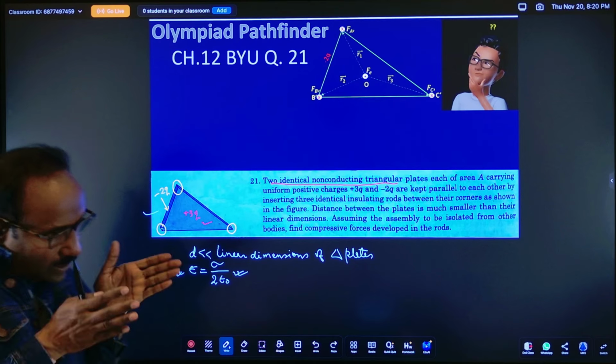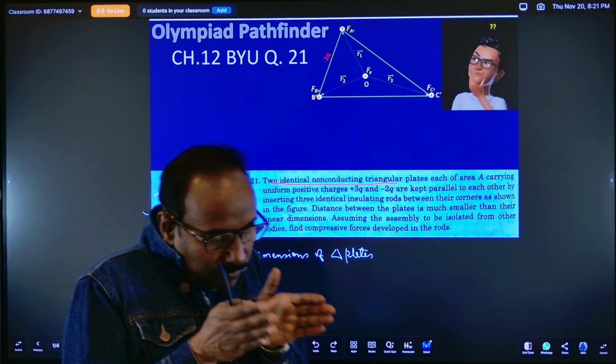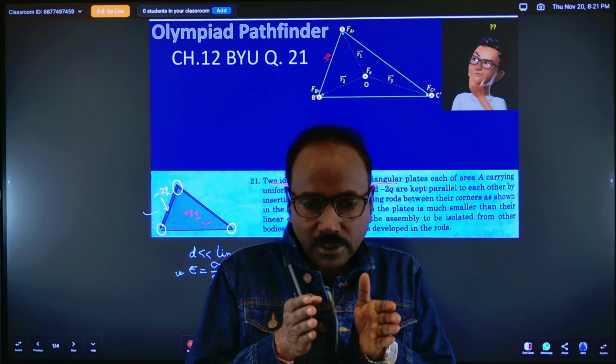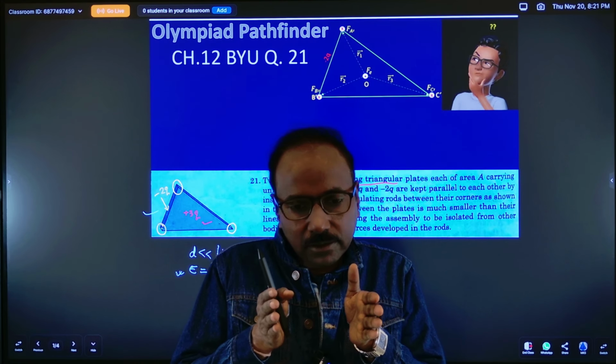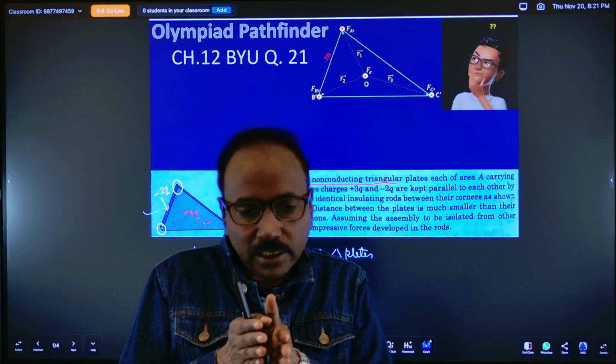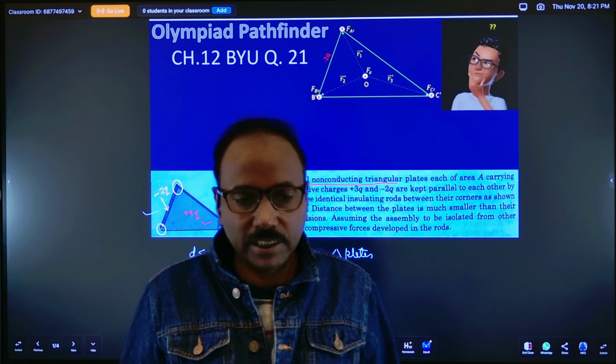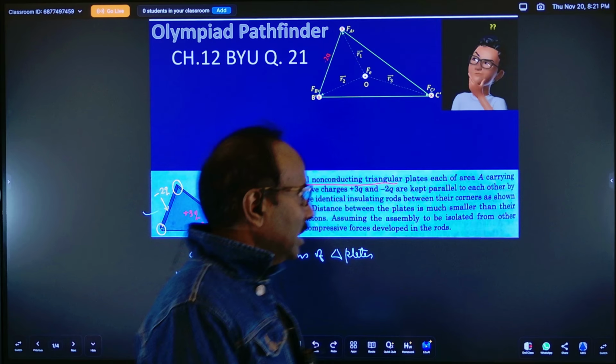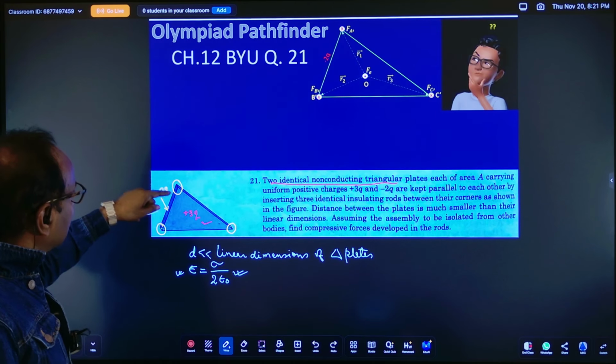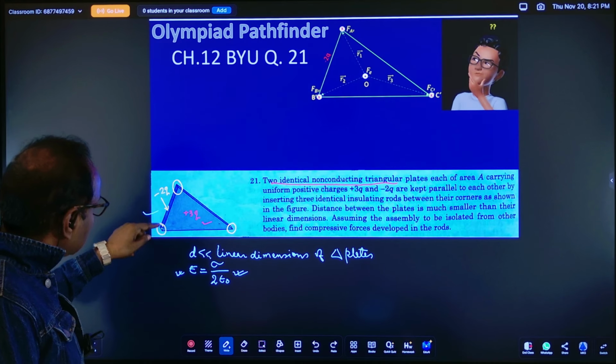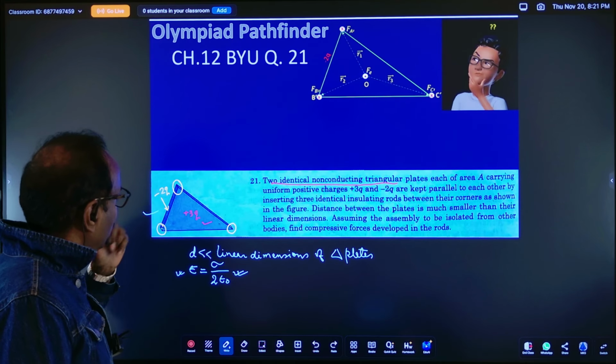Because of this force, these two plates should move towards each other, but this movement has been restricted by providing these three rods attached at the corners of the two plates.